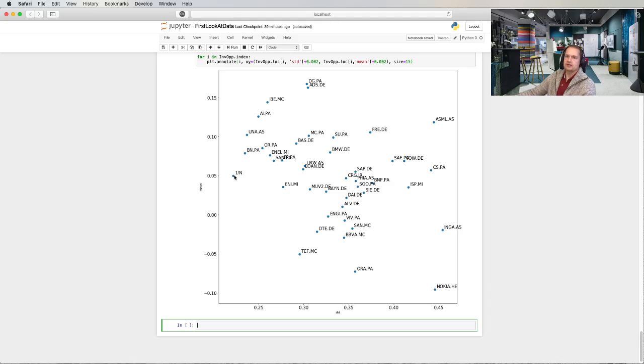What does diversification mean? Don't put all your eggs into one basket. You've heard that. But what it means here in that graph is if you invest into a portfolio of these risky assets, your volatility shrinks. Why?